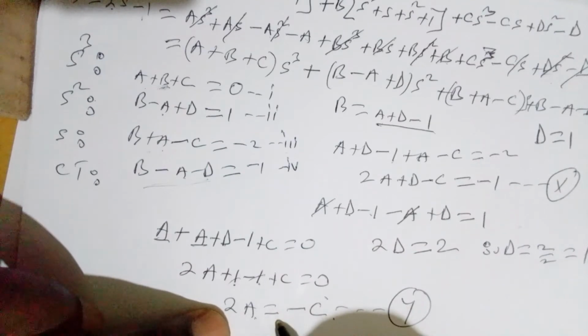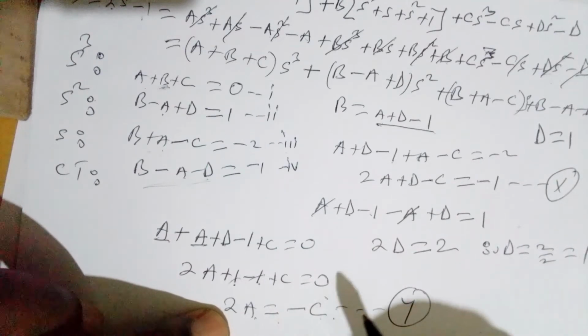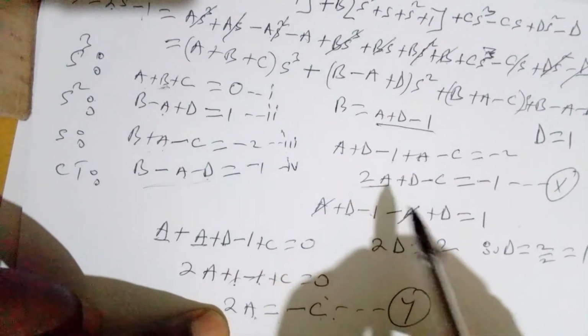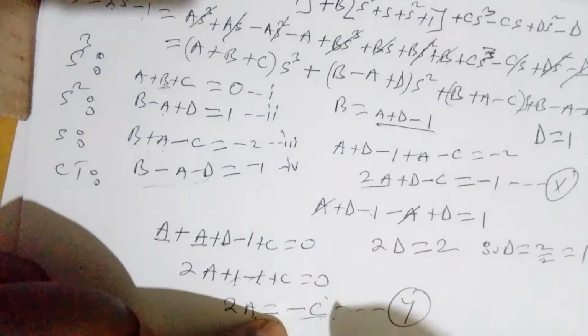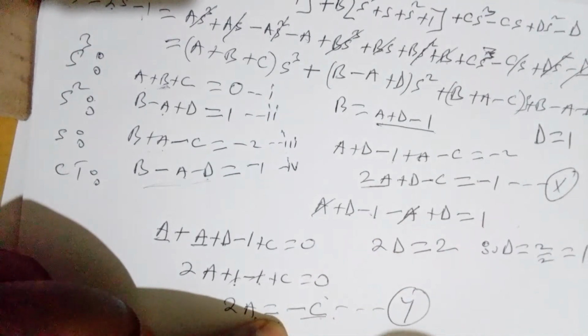So we can solve the 2 equations. That 2a equals minus c, and here we have 2a. So we can replace this 2a by minus c. So we have minus c, which is this one, plus d minus c equals -1. So here we have minus 2c, but remember d is 1, plus 1 equals -1.